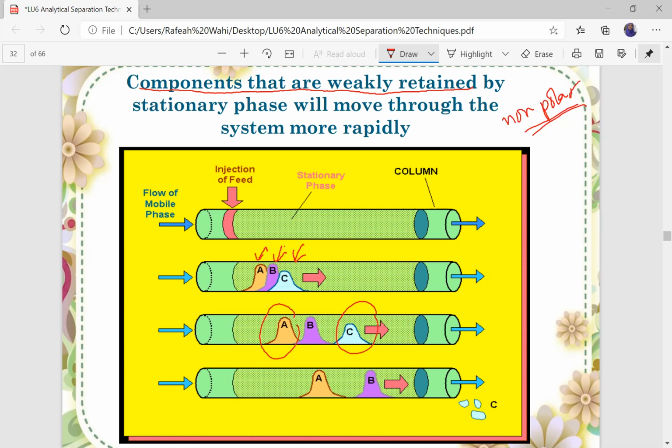Because A moves more slowly compared to B and C. C moves the fastest, so we can say that it is the most non-polar of the three compounds. So because the most non-polar compound moves more quickly, it will be eluted first. So C here will be eluted first.